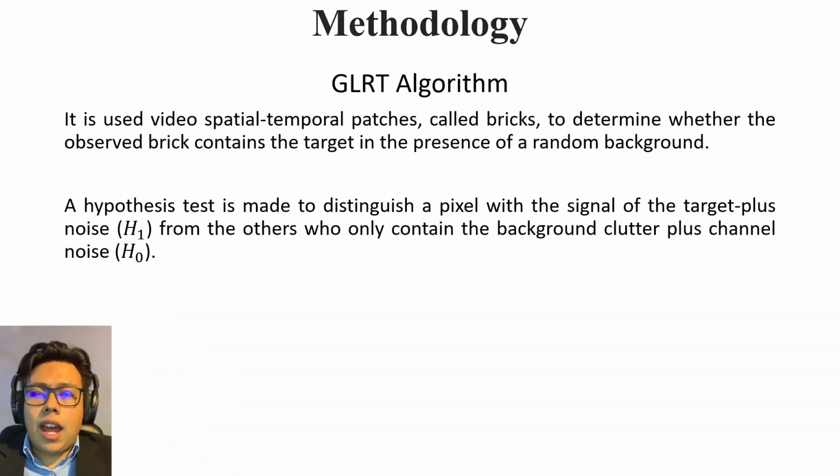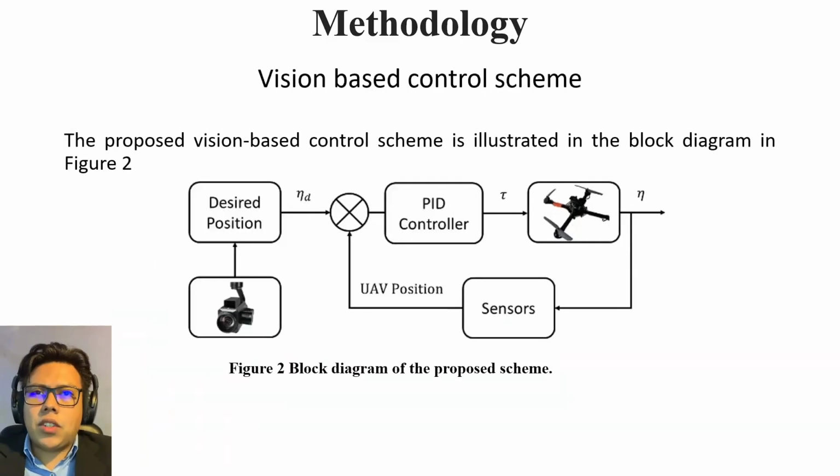A hypothesis test is made to distinguish a pixel with a signal of the target plus noise, H1, from others which only contain background clutter, H0. The proposed vision-based control scheme is illustrated in a block diagram in Figure 2.